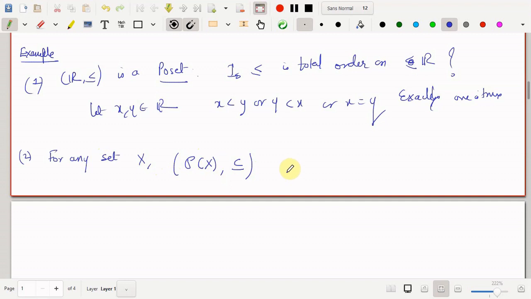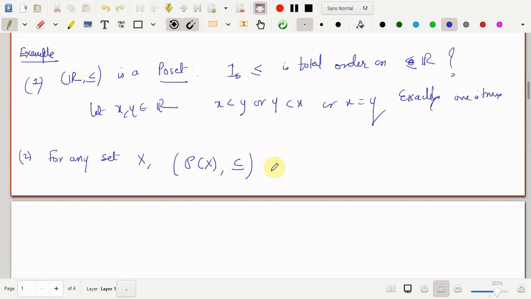We say that A is related to B if and only if A and B are subsets of x and A is contained in B. So for any set, we have this as the relation.